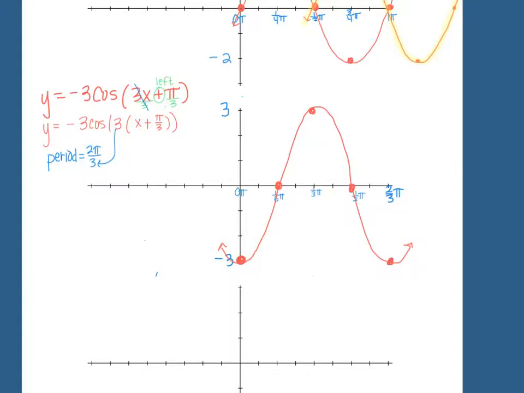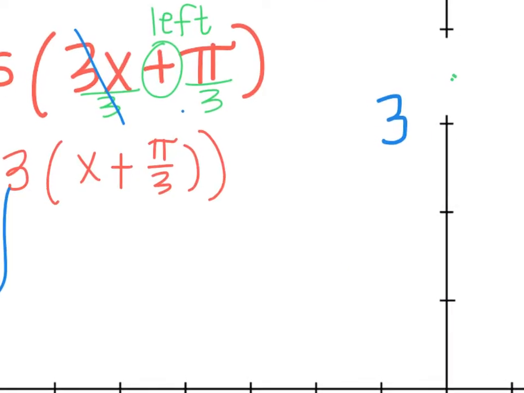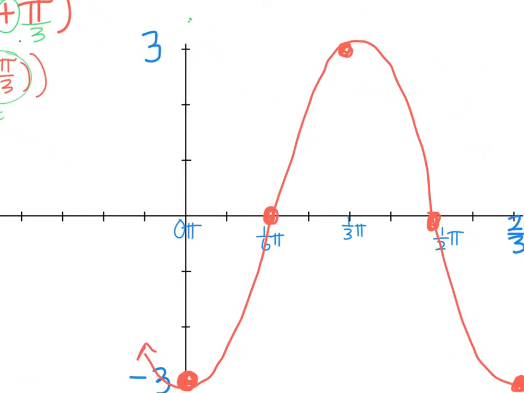Now I'm ready for the translation. This translation is plus pi-3, which means left. But how many do I go left? Well, if I'm looking at how many tick marks it is to the right for pi-3, to the right for pi-3 would be 4 of my tick marks again.